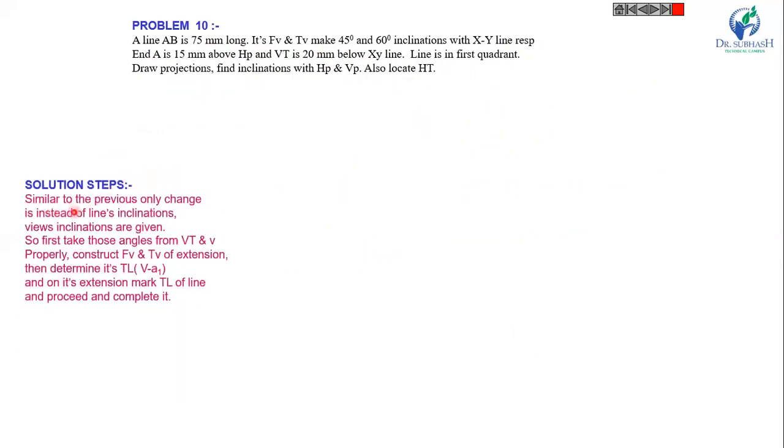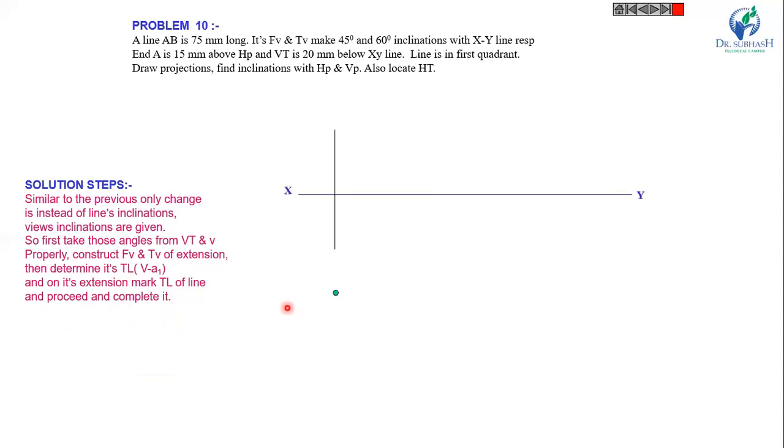So similar to the previous, the only change is that instead of the line's inclinations, the views' inclinations are given. So first take those angles from VT and V and properly construct the front view and top view extension. Then determine its TL and on its extension mark the TL of the line and proceed and complete it.